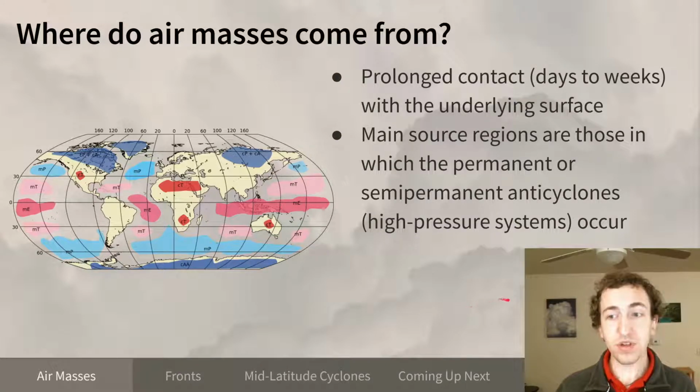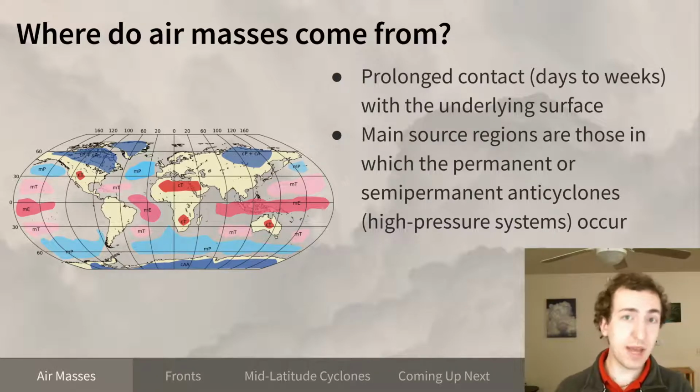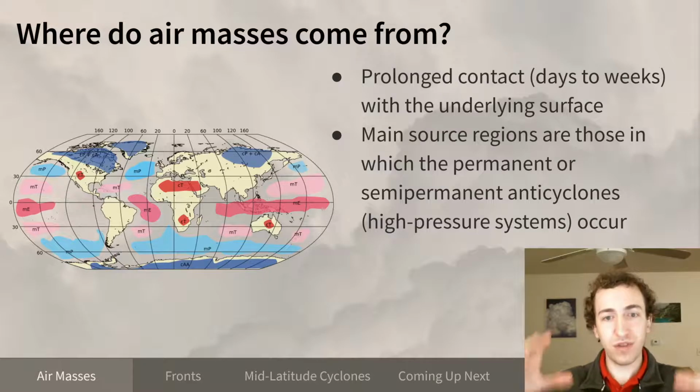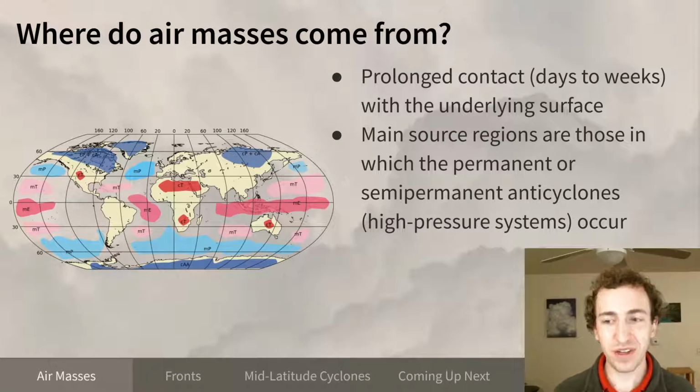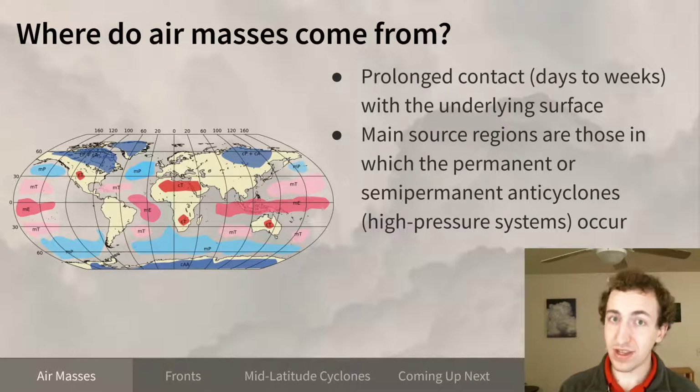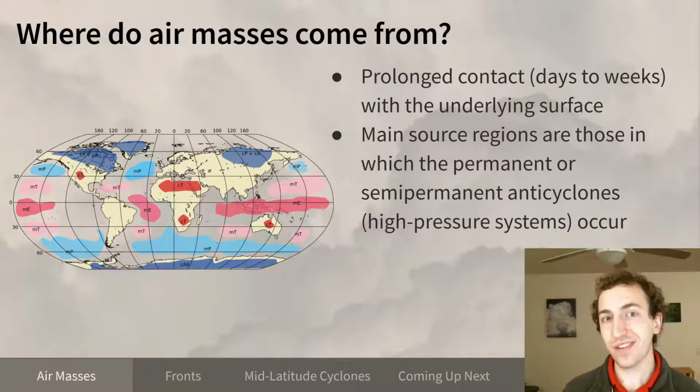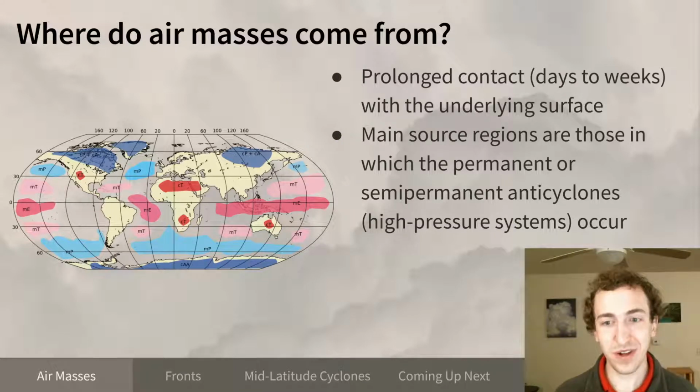They typically are those where there's permanent or semi-permanent anticyclones or high pressure systems, because that allows for relatively persistent air to stay around the same region so it can develop these characteristics. And again, as a reminder, these high pressure systems are anticyclones. In the northern hemisphere, they tend to rotate clockwise. In the southern hemisphere, they tend to rotate counterclockwise.